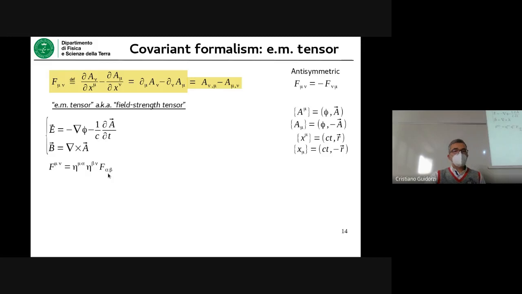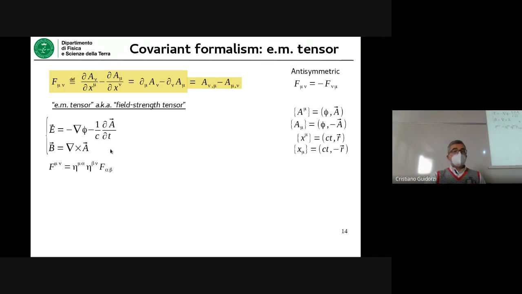You have two indices, alpha and beta, and you have to raise both. To raise alpha, you contract with eta mu alpha, and then to raise the beta index, you also contract with another metric tensor, eta beta nu.